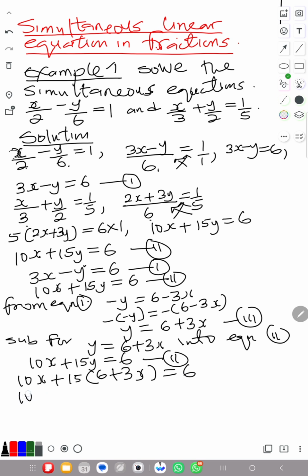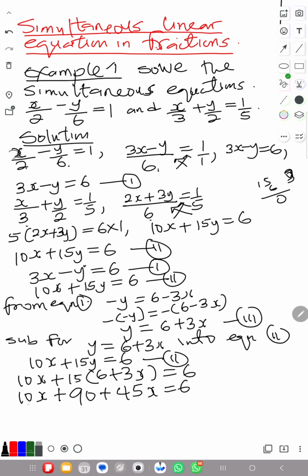So 10x plus, let's open 15 times 6. 15 times 6 is 90. Then 15 times 3 is 45x, which is equal to 6.